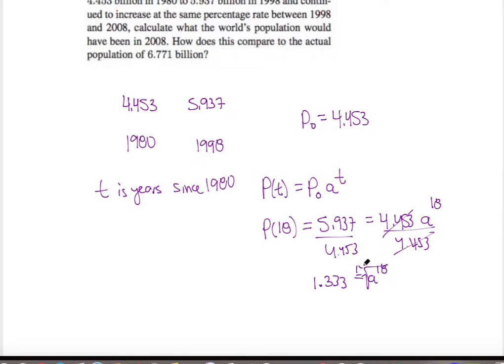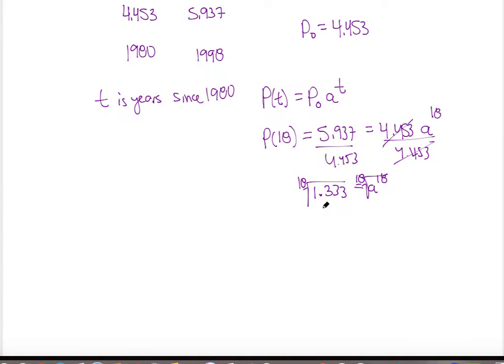And then we just take the 18th root of 1.333 to get a. This is a little weird, but just in case you've forgotten, in your calculator you can type 1.33 or whatever raised to the 1 over 18th power. And this will give us the same as an 18th root.